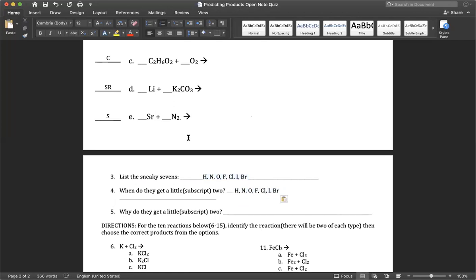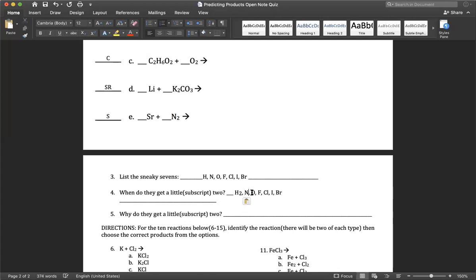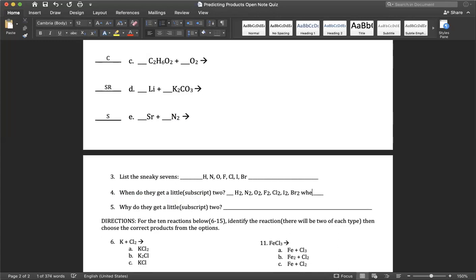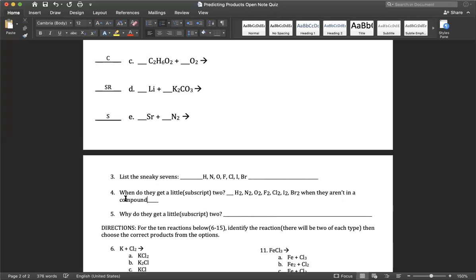I'm just going to add the 2's in really quick. When they aren't in a compound. So that's the time that they get a 2.